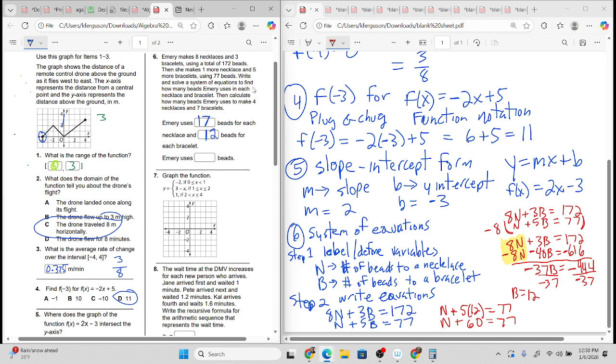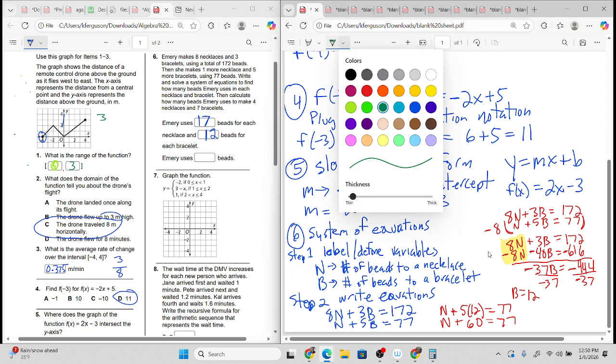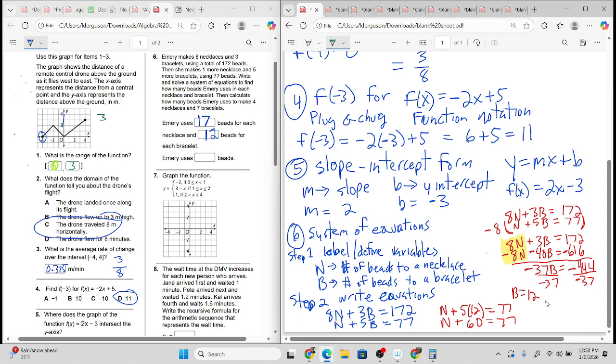And now the last part of the problem, it says calculate how many beads Emery uses for 4 necklaces and 7 bracelets. So that means I got to start a new equation. I got to have 4 times N plus 7 times B. Well, I know N is 17, so that's 4 times 17 plus 7 times 12.